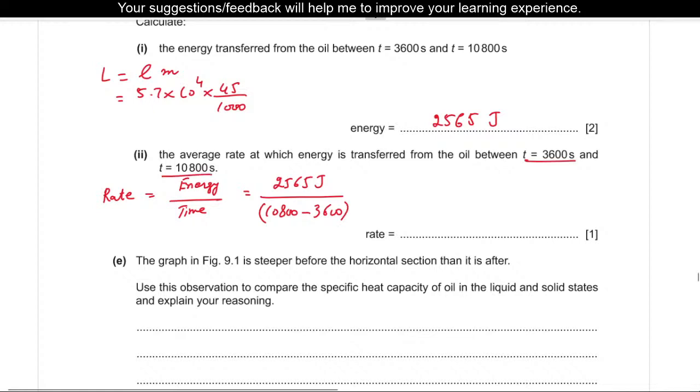We have to take the time interval. So the rate comes out to be 0.36 watt.